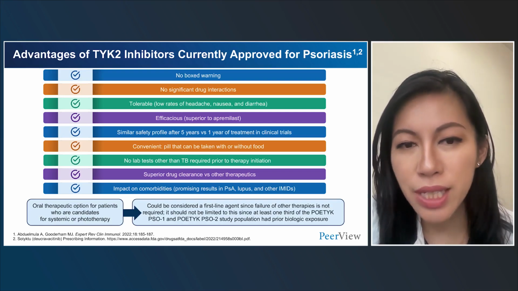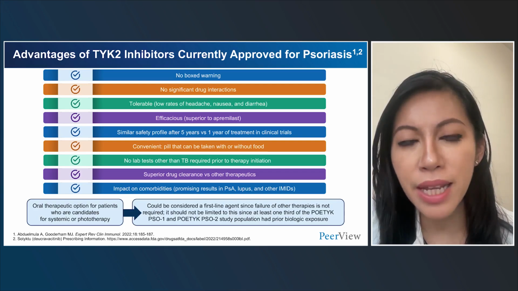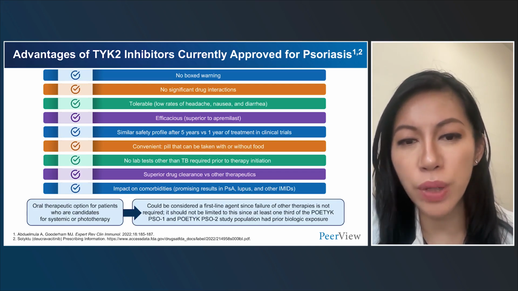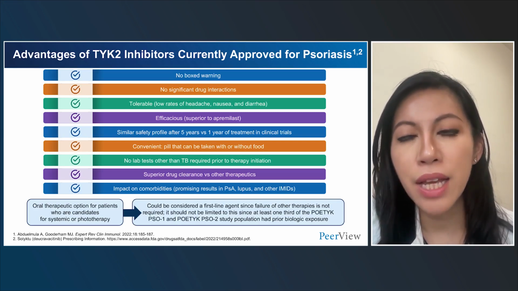It's efficacious, it's superior to apremilast. We now have also long-term data showing the efficacy. It's convenient. It's a pill that can be taken with or without food. And in most of our patients, no laboratory tests other than pre-treatment TB is needed before we start treatment.